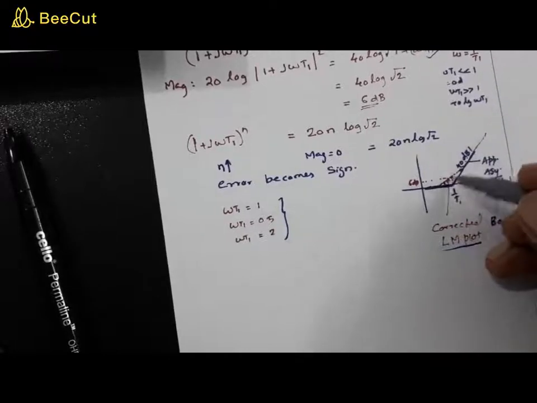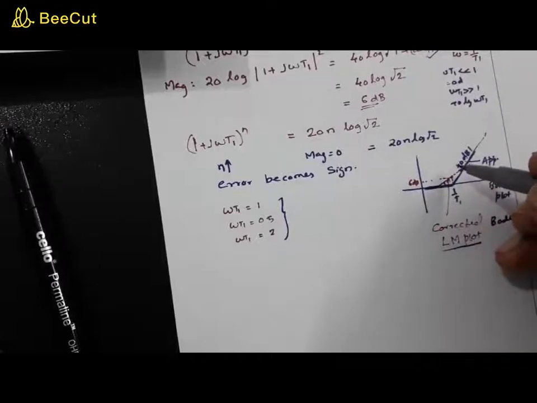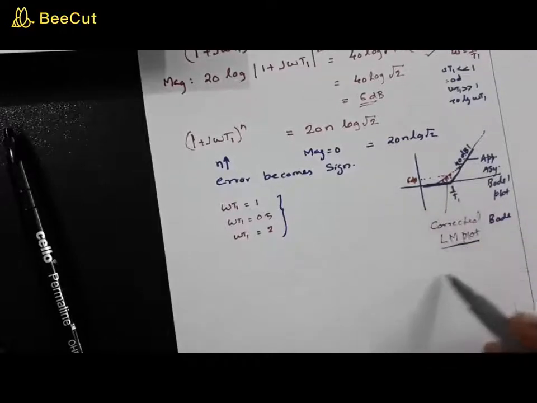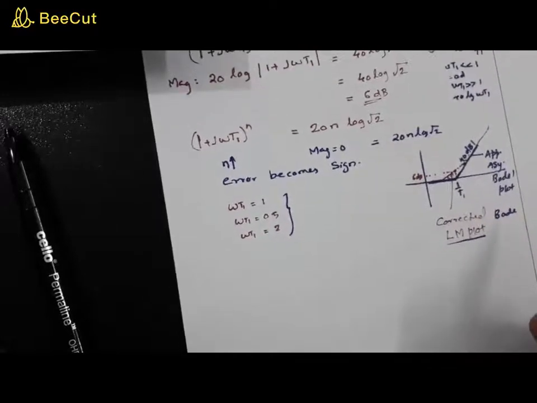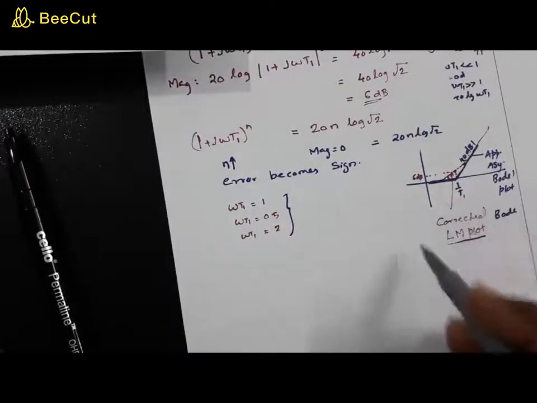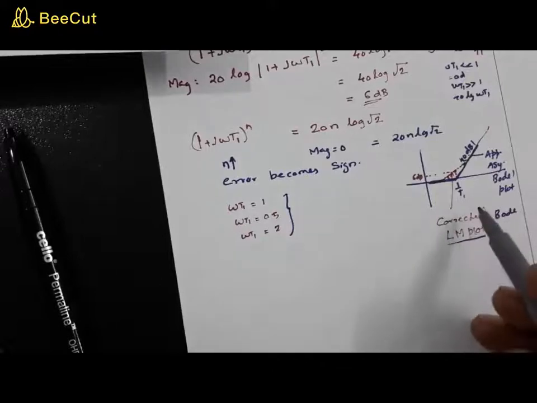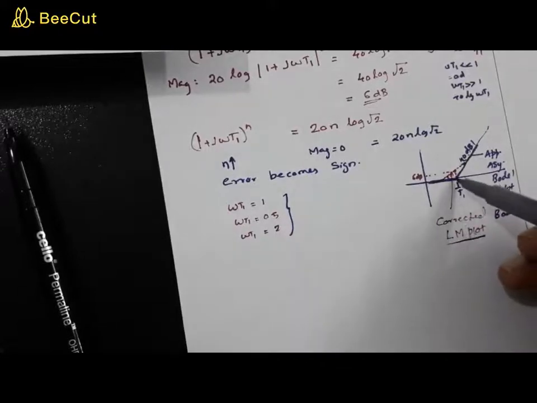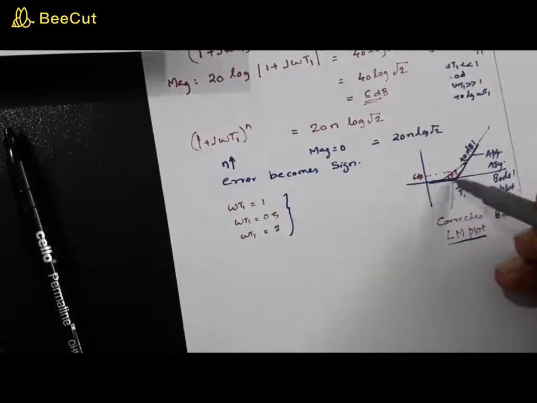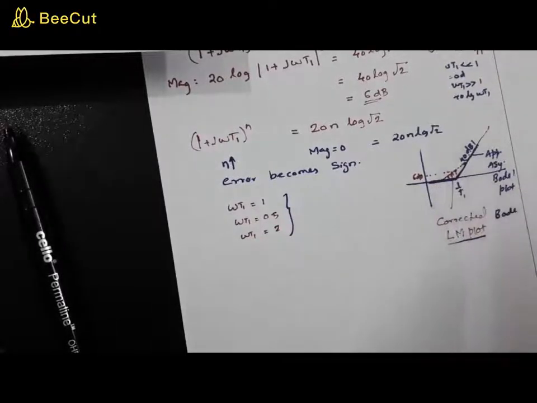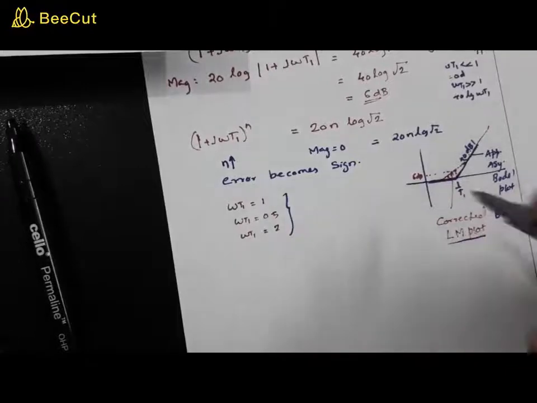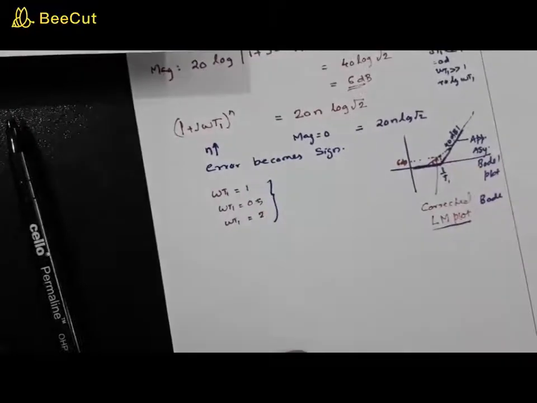There will be a variation around the corner frequency, and a Bode plot with such a correction is called a corrected logarithmic magnitude plot. If asked in the question, you are supposed to do that. So what is the procedure? Even if you are asked, first you will have to plot the asymptotic Bode plot, and after drawing that, do the necessary correction. Is it clear? So that's it.